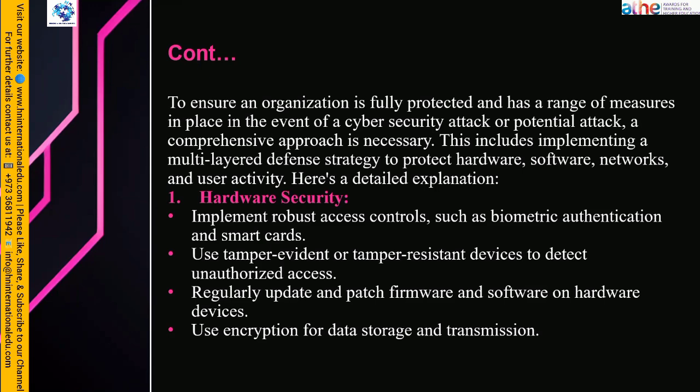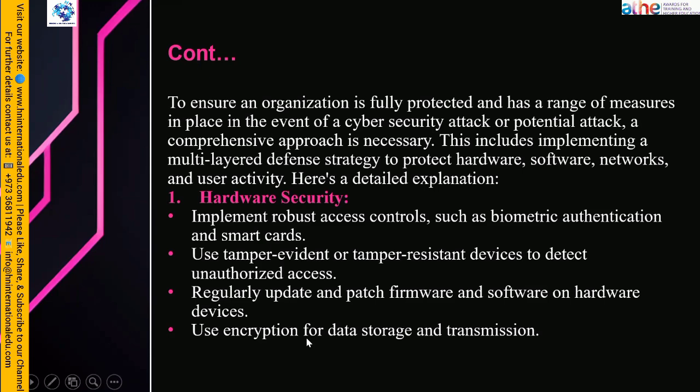Then you can use tamper evident or tamper resistant devices to detect unauthorized access. It will help you to know if someone is trying to breach the security of your system physically. It will help you to recognize them, and then you can easily limit unnecessary use.